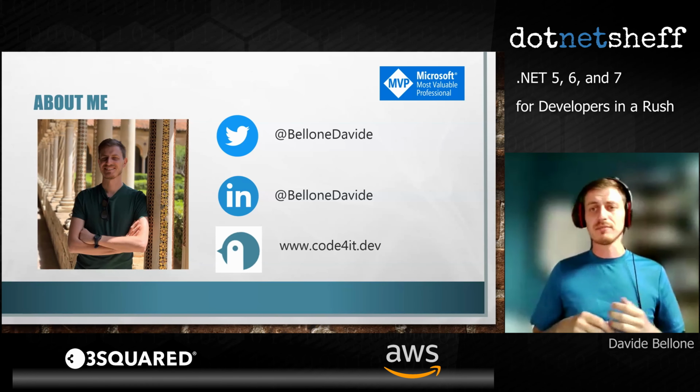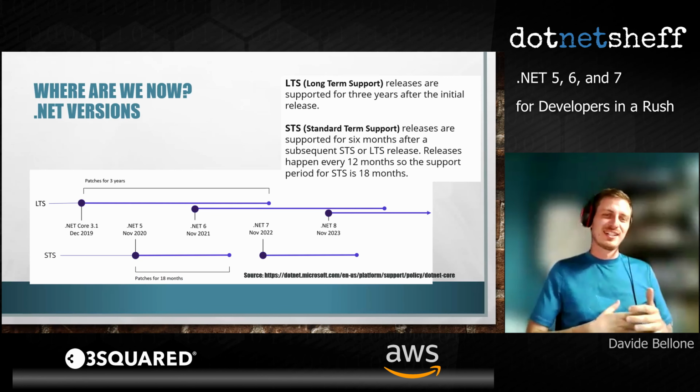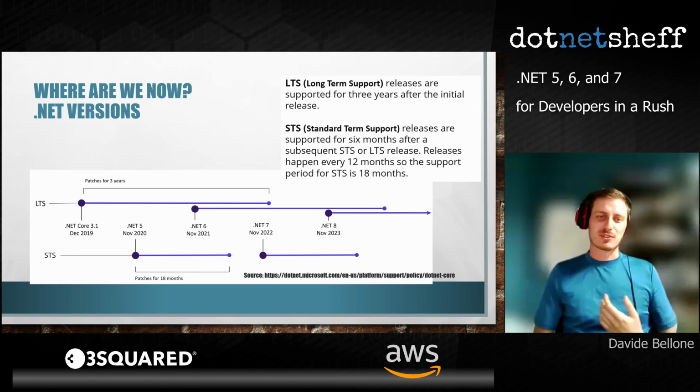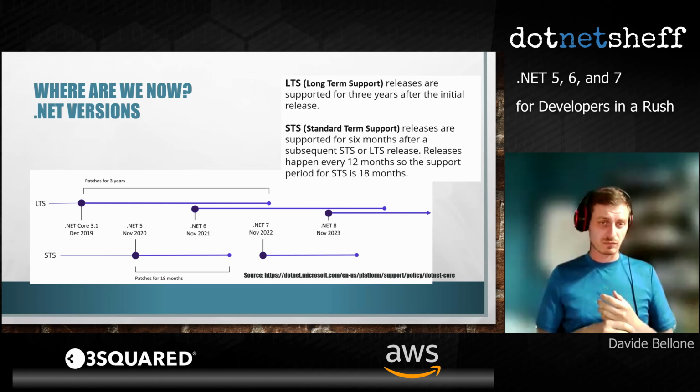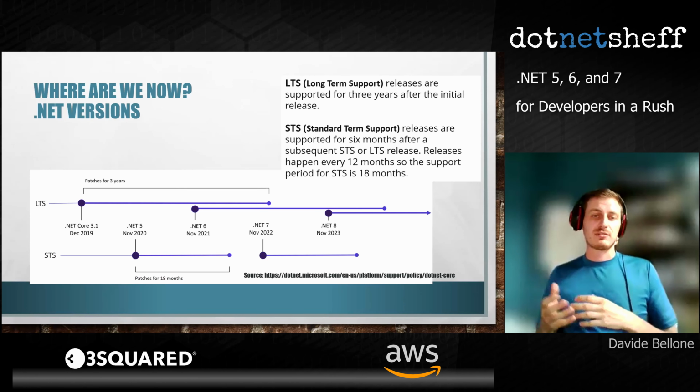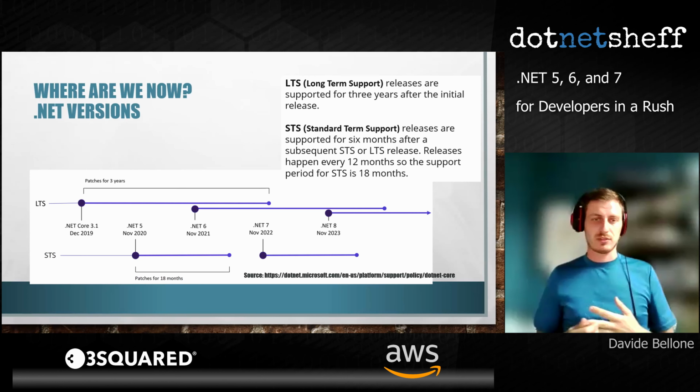So let's start from the very beginning. Where are we now? Of course, we had the dark age of .NET Framework, and then they released, of course, .NET Core with the very first versions that were pretty terrible. But then finally, in 2019, they released .NET Core 3.1 and decided that every year, they would release a new version of .NET.